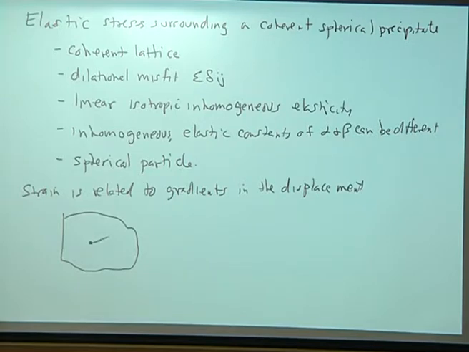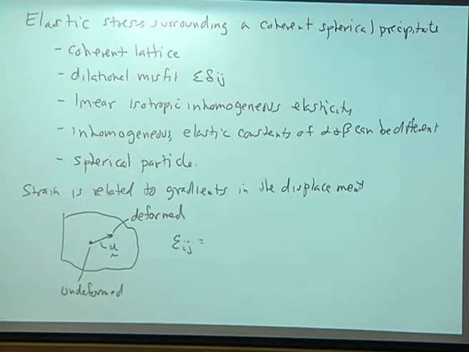That point will move to a new point, and it's described by a displacement vector u that takes you from the undeformed to the deformed configuration. And the strain is equal to gradients in the displacement.